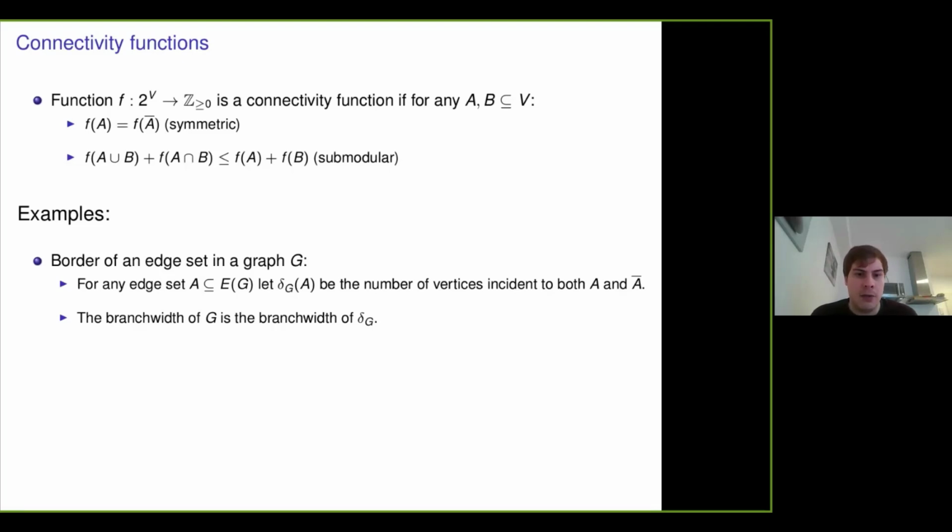And now the branchwidth of graph G is the branchwidth of this function sigma G.